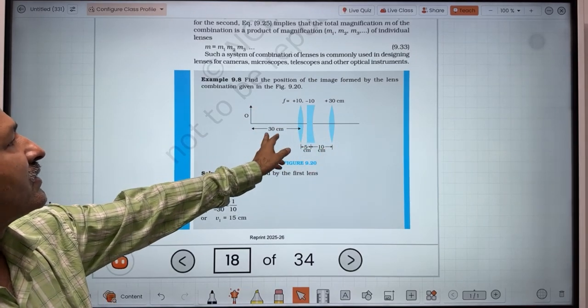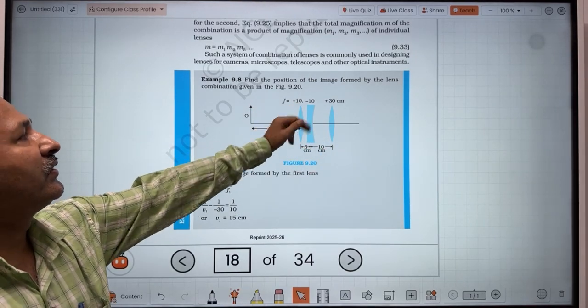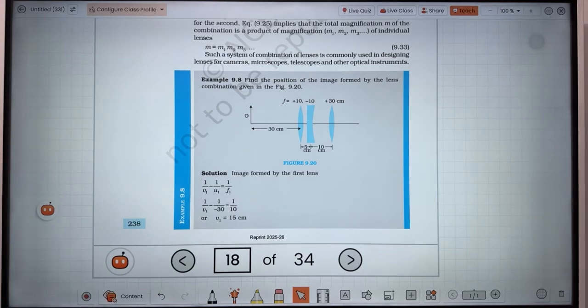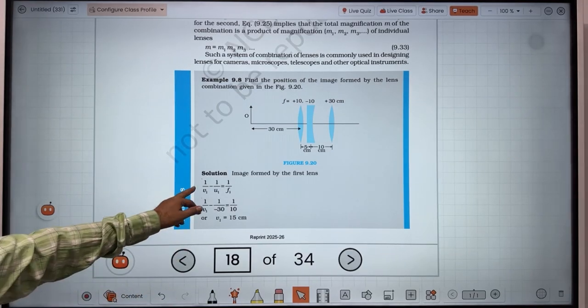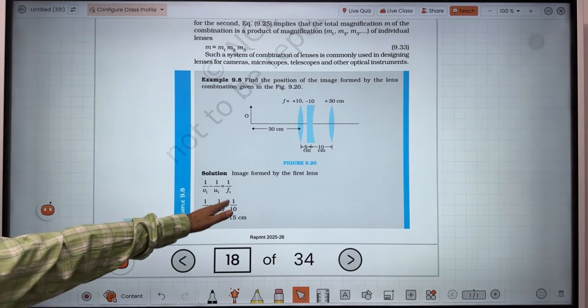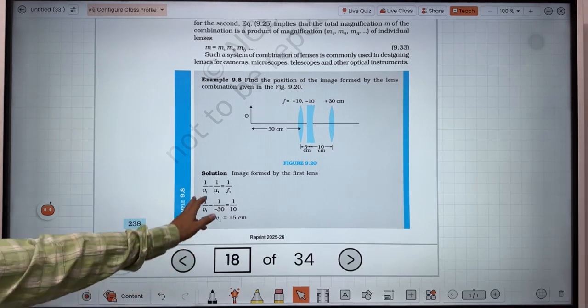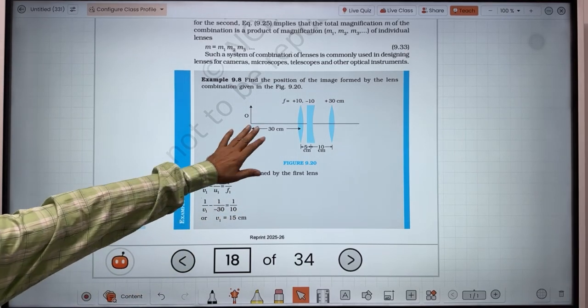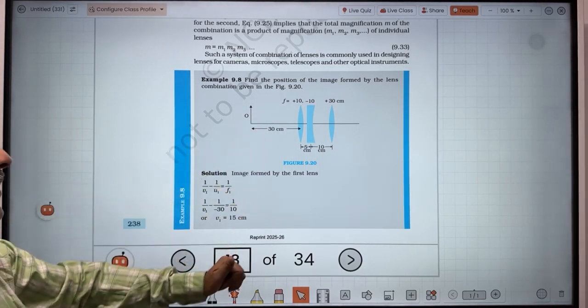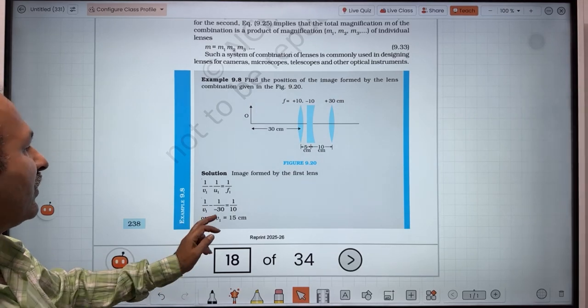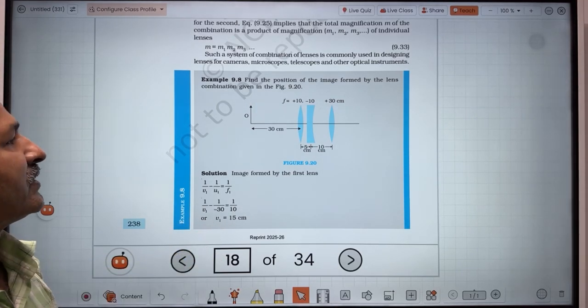So here object distance is 30 centimeter, its focal length is 10 centimeter, and we apply the normal formula 1 upon v minus 1 upon u equal to 1 upon f. Object distance is given as 30 centimeter, which will be negative, f is positive. After putting the values, we will get v1 equal to 15 centimeter.